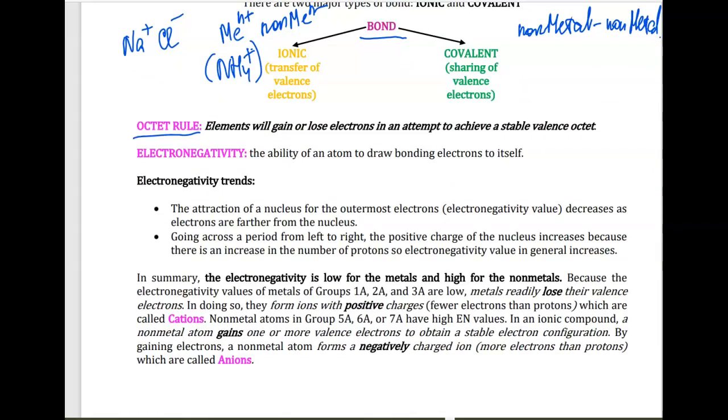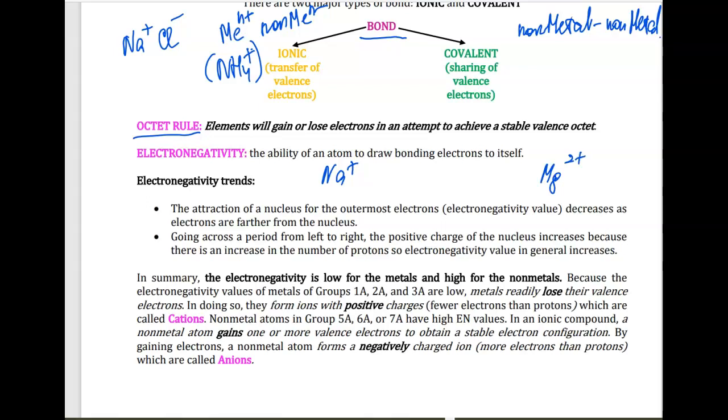Just to remind you, but you already know this, the octet rule. Elements will gain or lose electrons in an attempt to achieve a stable valence octet, which noble gases have. For example, why sodium becomes positively charged and has a 1+ charge, or why, let's say, magnesium has a 2+ charge.